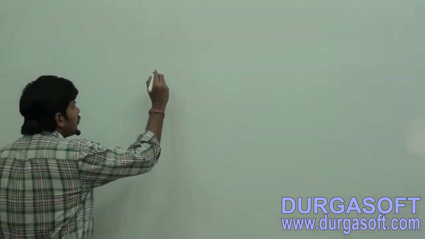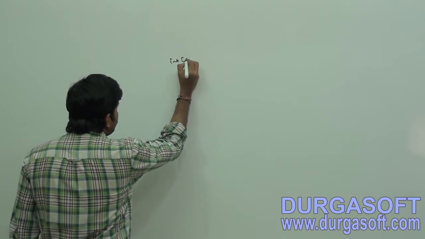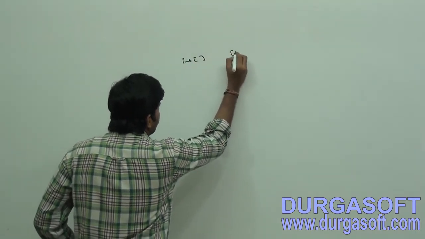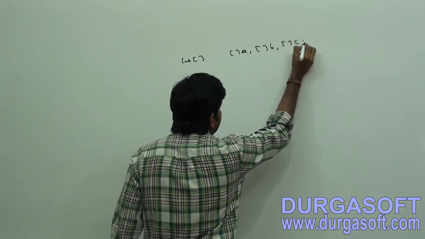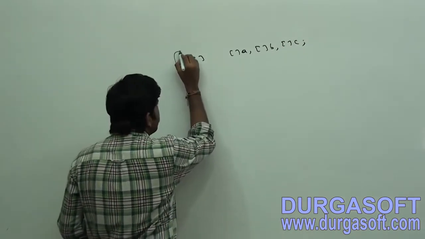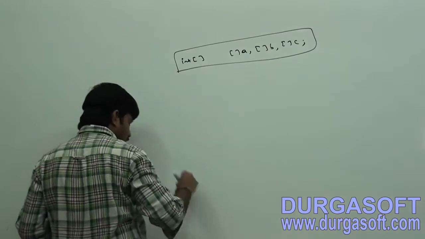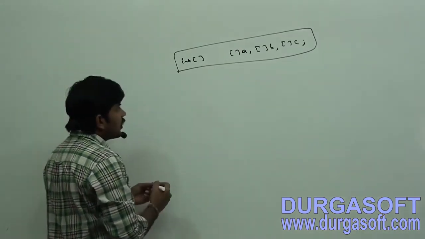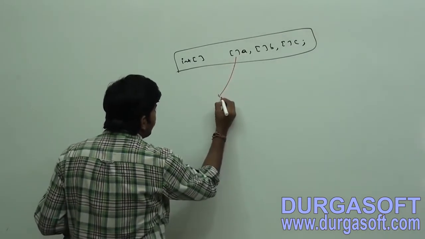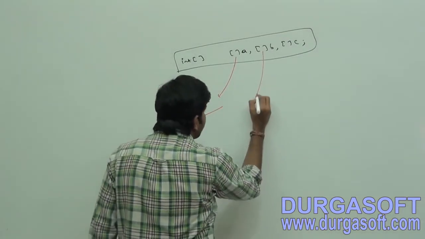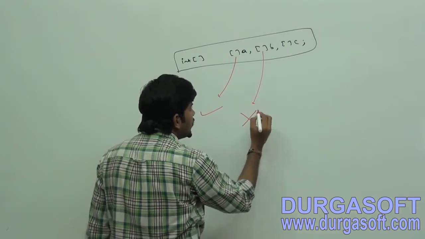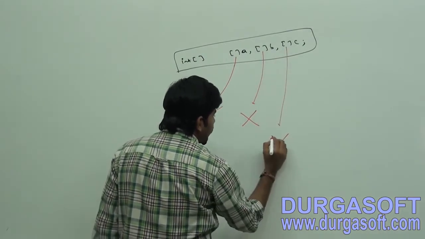Okay. So just int here like A, B, C, like this I am taking. Can you tell, is it valid or not? Valid. Next, is it valid or invalid? This one is invalid, right?